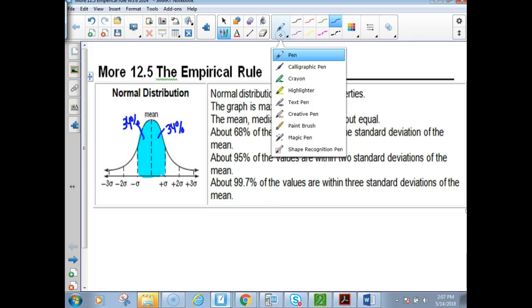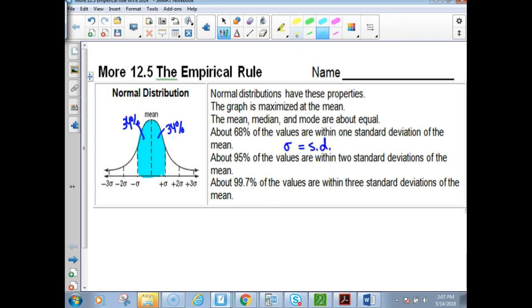All right, and then you have 95% within 2 standard deviations of the mean. So I'm going to figure out what percent those sections are, because that can be very useful. What's the difference between 95 and 68? So I did 95 minus 68%. That's 27, right?